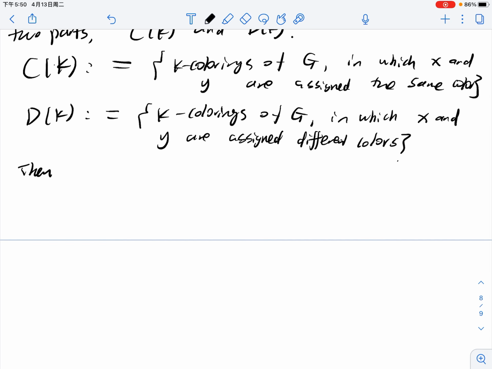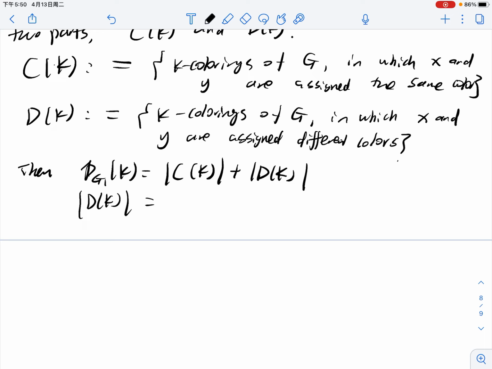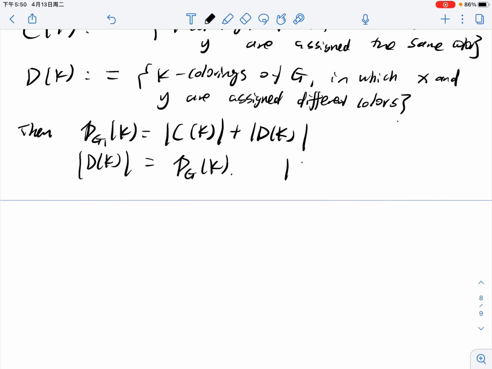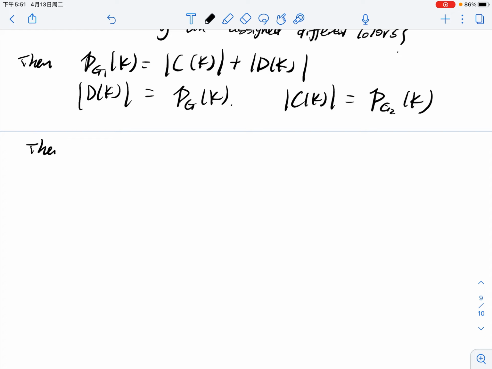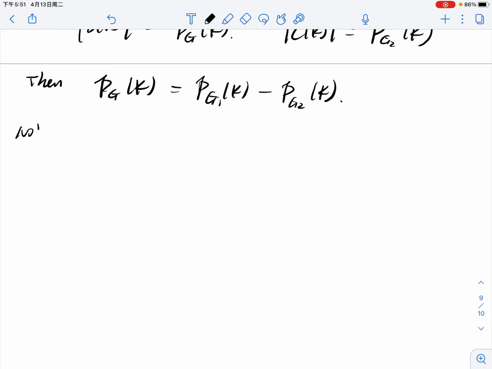And then of course P(G1,k) is C_k plus D_k, and the cardinality of D_k is P(G,k), and the cardinality of C_k is the same as P(G2,k). Then P(G,k) is P(G1,k) minus P(G2,k).